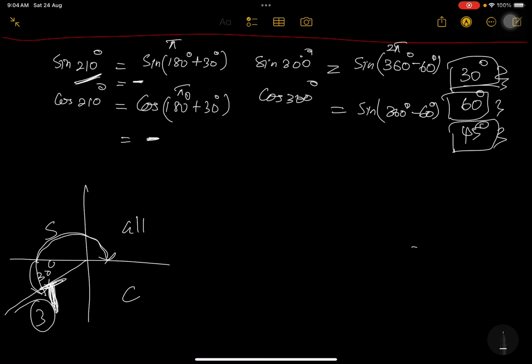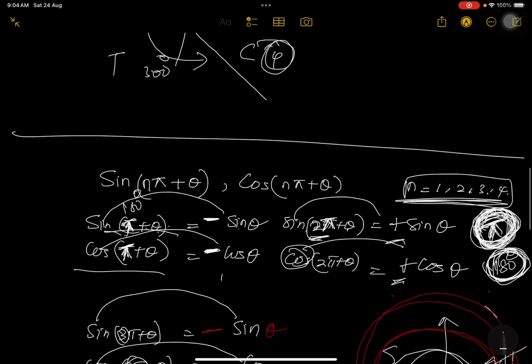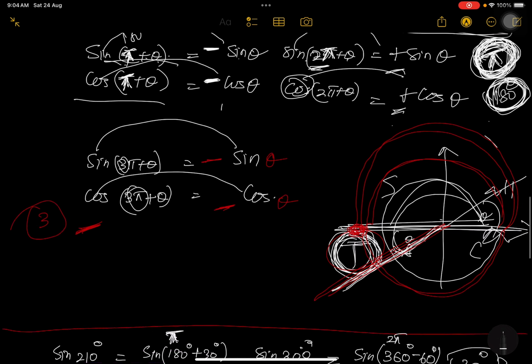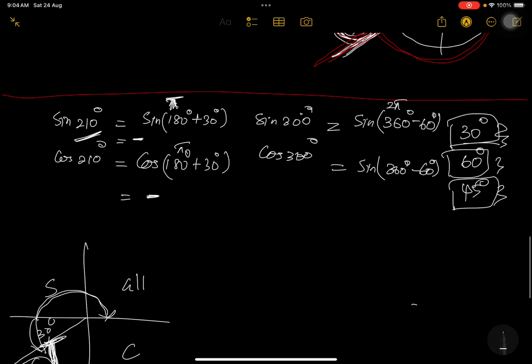So 180 means pi. I have already taught you, in the multiples of pi the same trigonometrical ratio will come. If pi, 2 pi, 3 pi is coming, sine means the value is sine, cosine means the value is cosine. So sine 30. Our life is easy now.